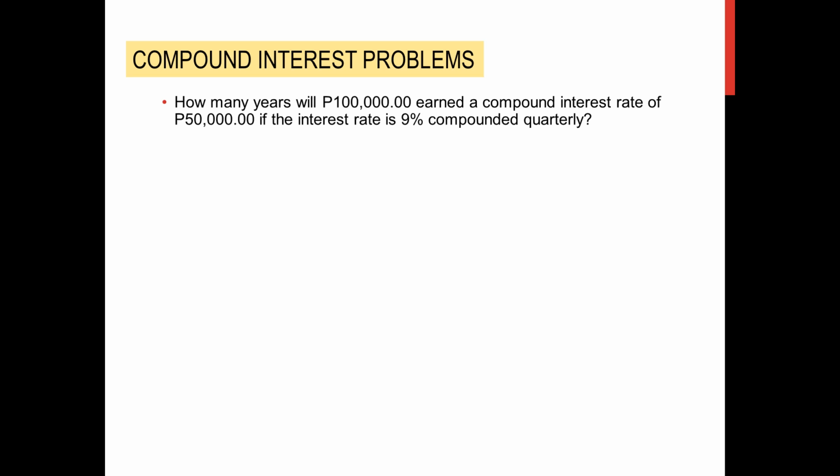So it should become 150,000 at a certain year. Okay? At a certain number of years. So let us assume that 100,000 is actually the present value, and then would become 150,000, okay, with the interest on it. So that year we do not know.